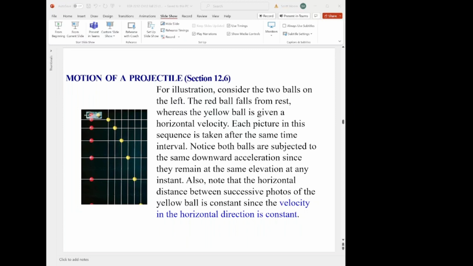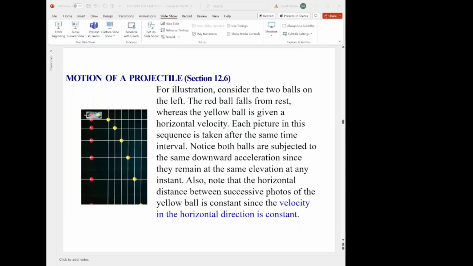So what you notice is that as time goes on, with equal time intervals, the distance is further and further, so it's accelerating. What you also notice is that at each time interval, the vertical position is the same. So the vertical position is independent of whatever horizontal velocity is given to the ball.